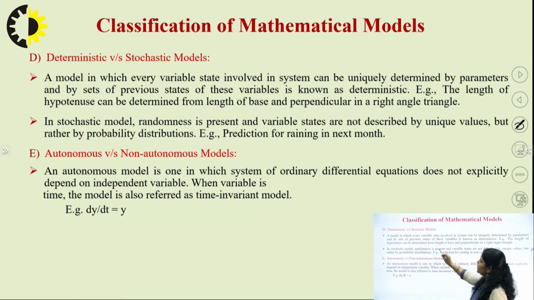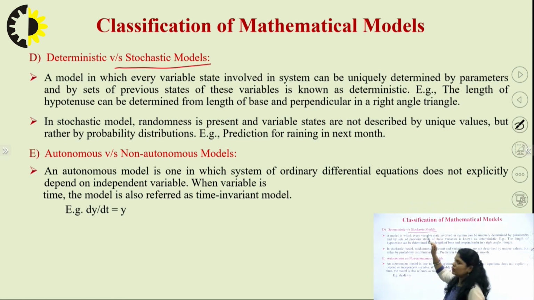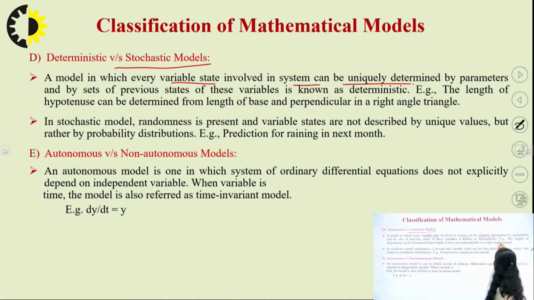Next, we come to the deterministic and stochastic models. So, what is deterministic? It means every variable state involved in the system can be uniquely determined. All the variables associated with the system have a unique value, determined by the parameters or by the set of previous states of these variables.